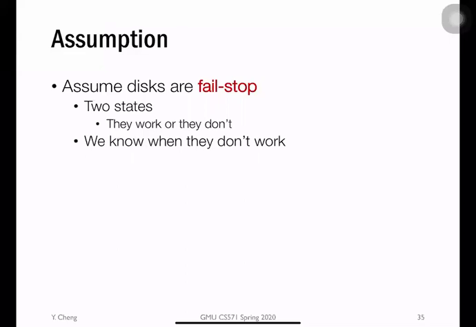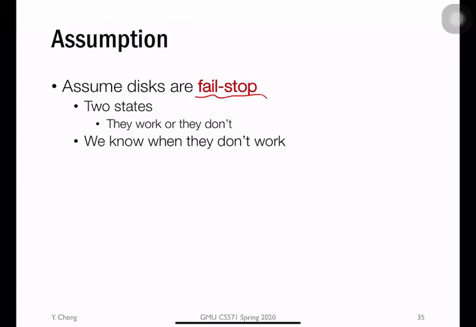So again, let's revisit this failure or reliability assumption. Assume disk failures follow a fail-stop model. Within a typical fail-stop model, we're only looking at 2 different states. One state is if the system works, and the second state is if the system simply doesn't work, the system fails or crashes, due to whatever reason you name it, the software failure or the hardware failure, but it just simply failed.